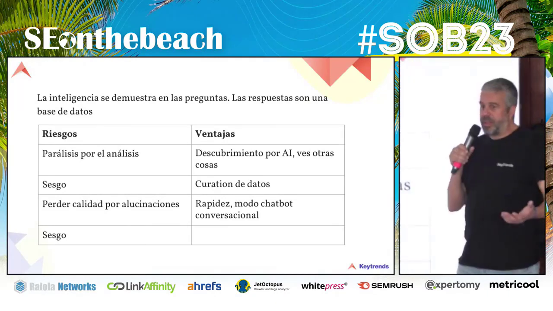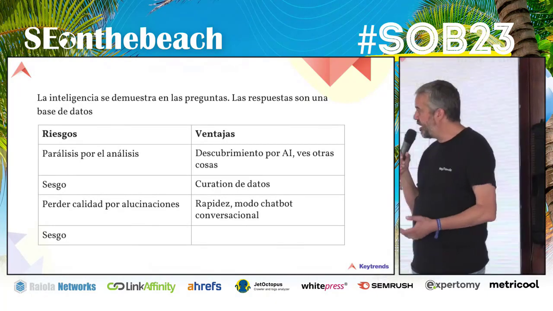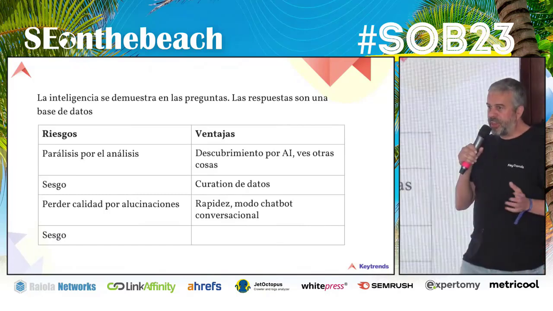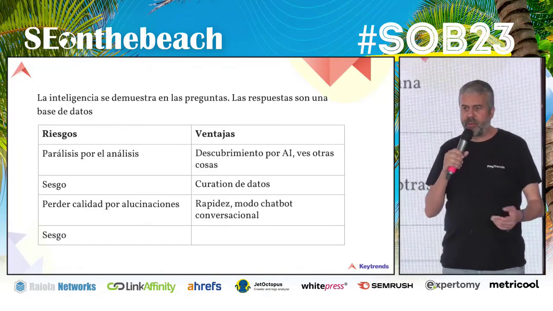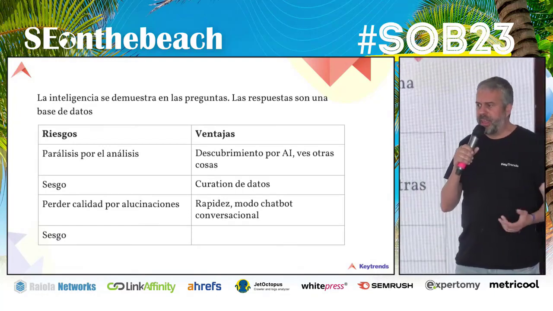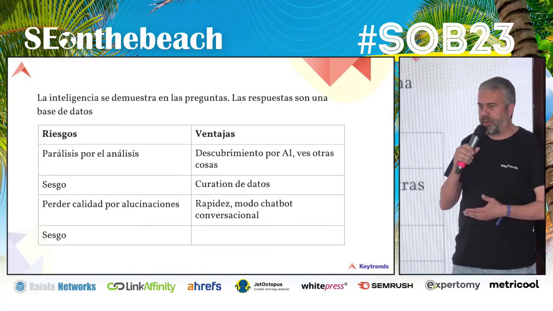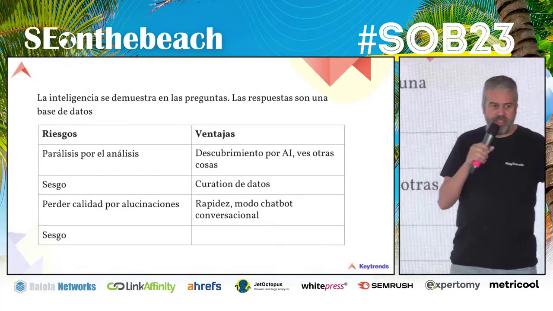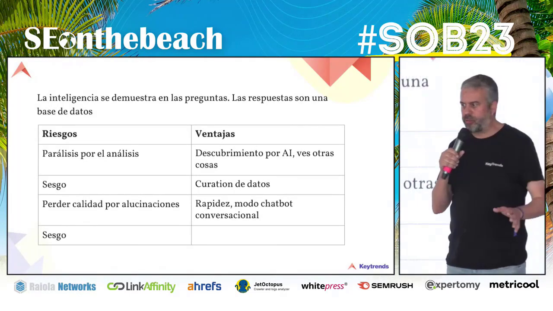So of course there are some risks. There is the risk of paralysis by analysis. Bias as well is a risk. You can ask about different data, but it is also possible that the data that you get is wrong.